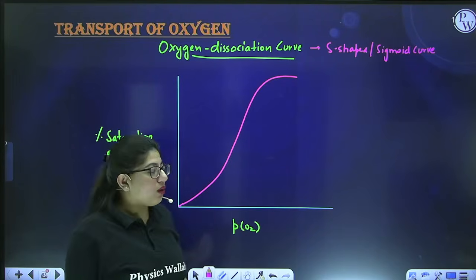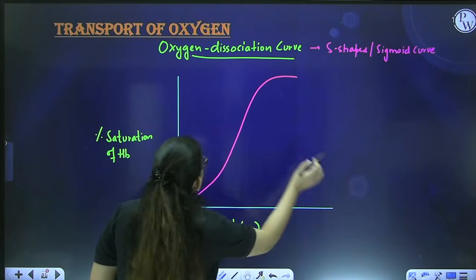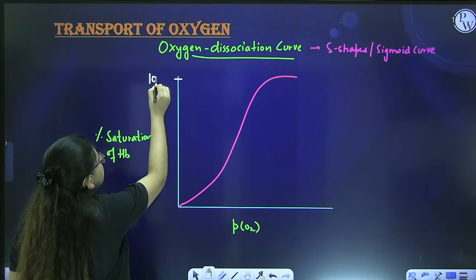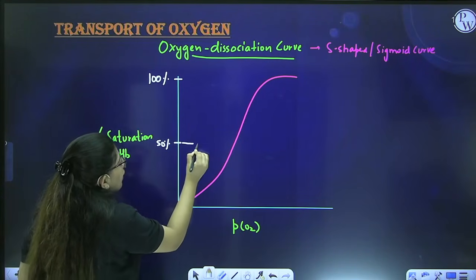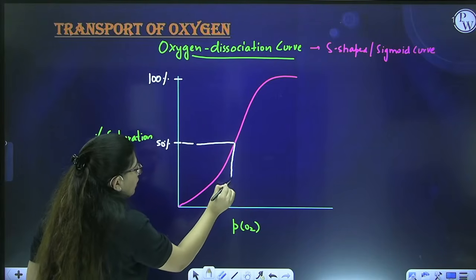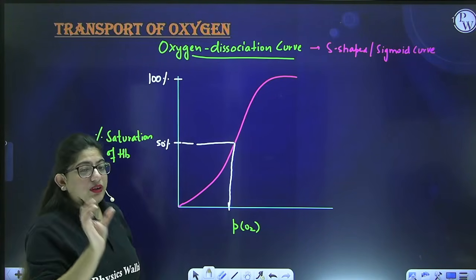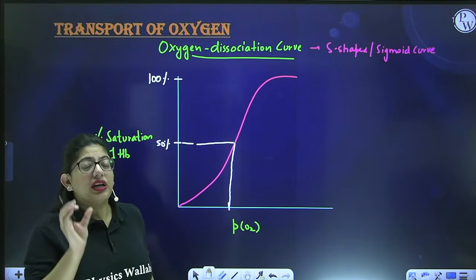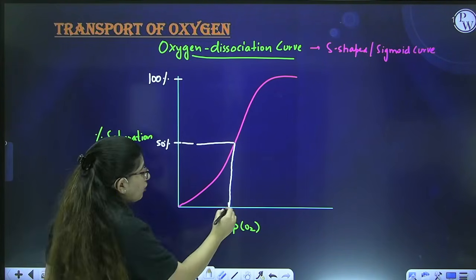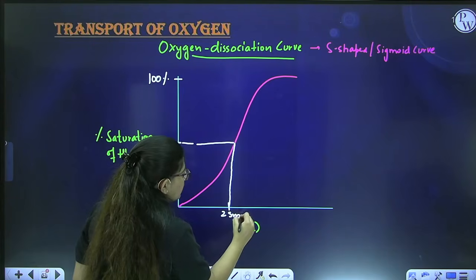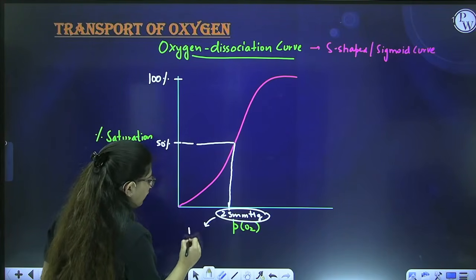Fine. Now, here the partial pressure of oxygen, as you can see here, the 100% saturation is there. Here 50% saturation is there. Wherever the 50% saturation of hemoglobin is taking place, at that value of partial pressure, for example, if this is 25 mm of mercury, I will call this value as P50 value.